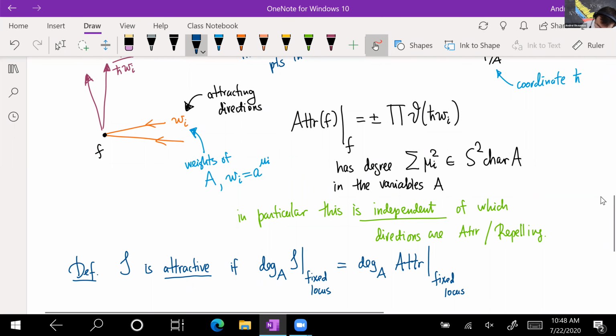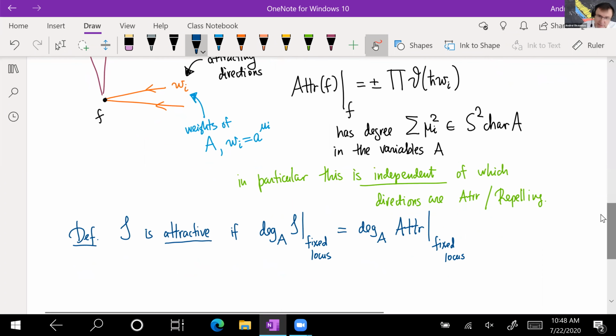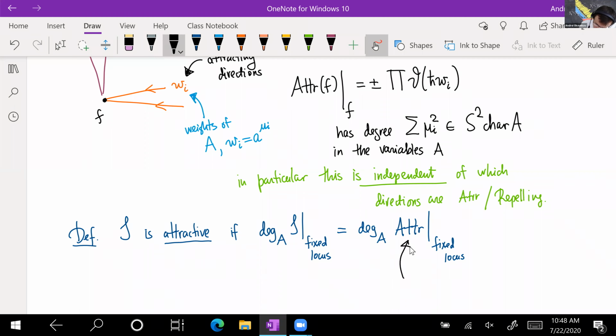And what that class of the attracting manifold is, since this is cut out by the bundle, is the zero section of the normal bundle. You take the normal bundle to the fixed locus, you take its repelling directions, which we indicate, so this means repelling.